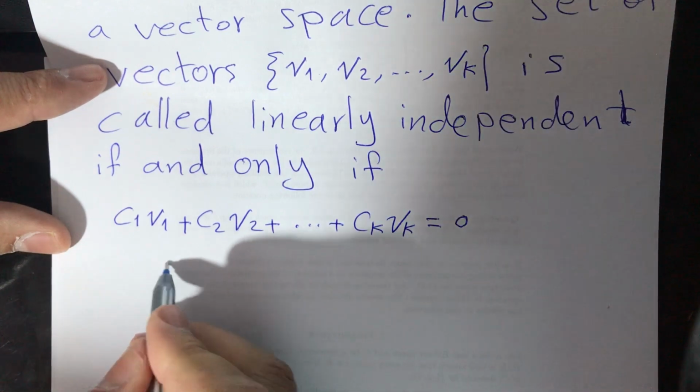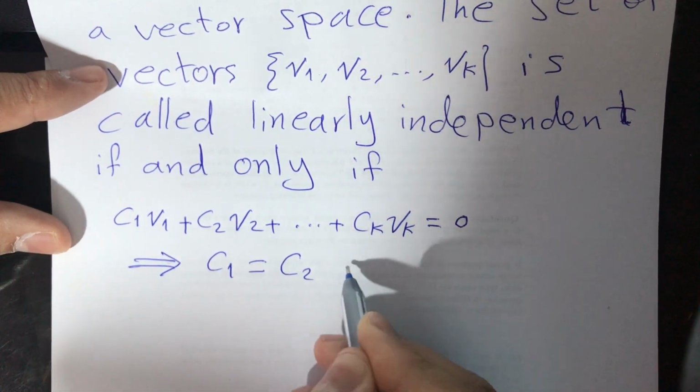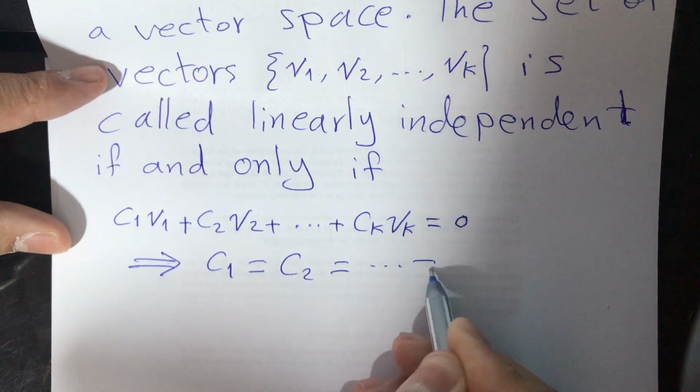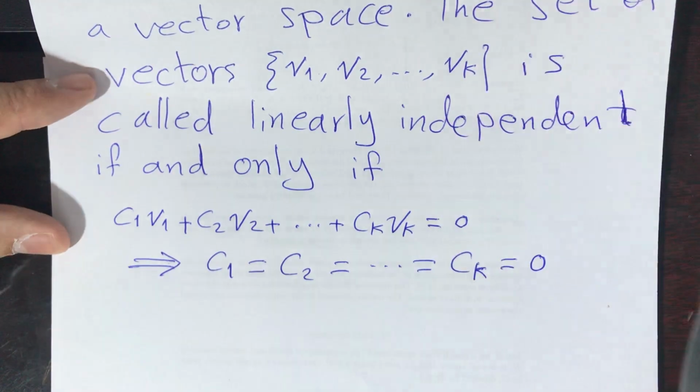This implies C1 equal C2 equal so on to Ck, all of them equal to 0.